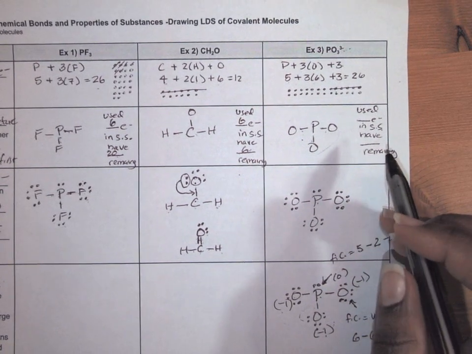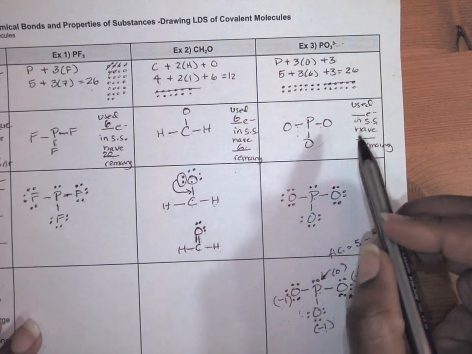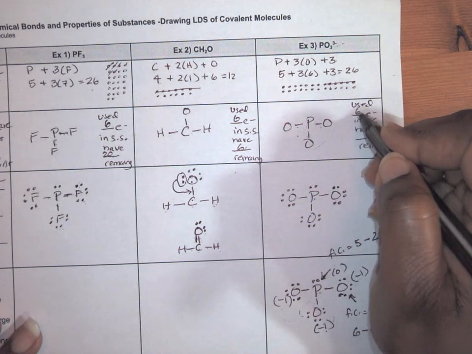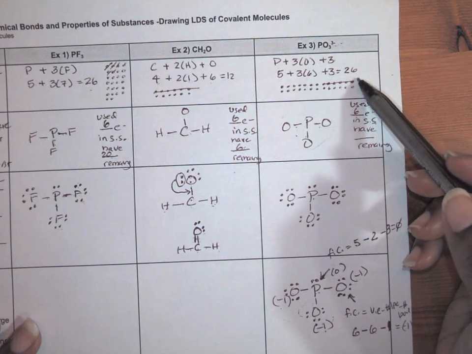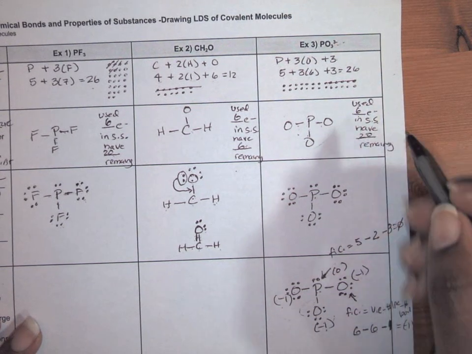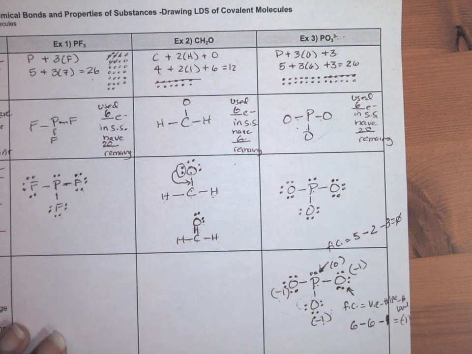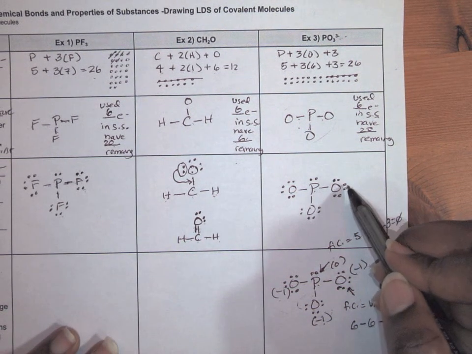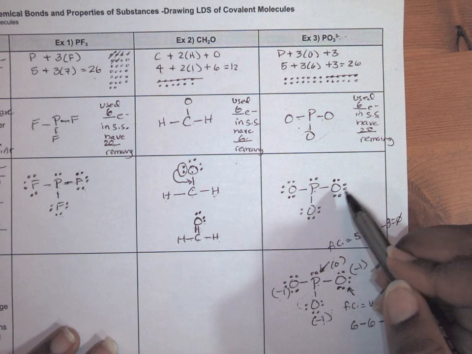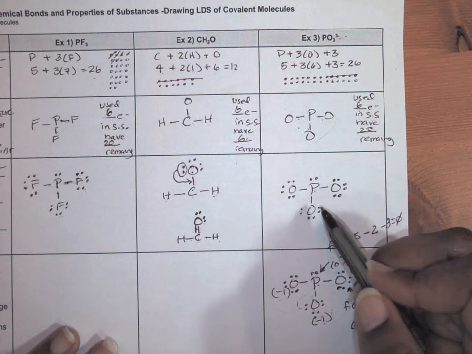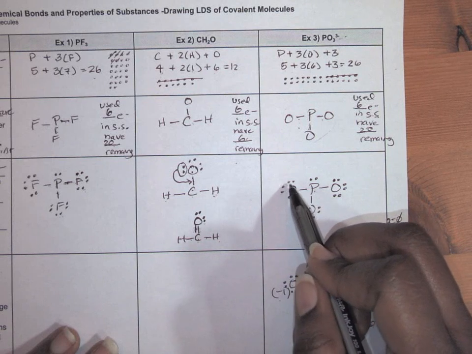Now I look at how many I've used. In this structure, I used 2, 4, 6 electrons, and I started off with 26. So that means I have 20 remaining. Let's see how many we need to give every atom an octet. Once again, start at the terminal atoms, and I would draw 2, 4, 6, 8, 10, 12, 14, 16, 18 electrons.